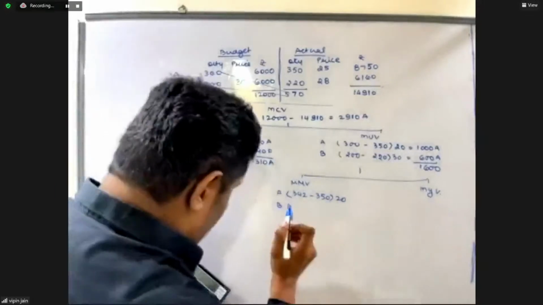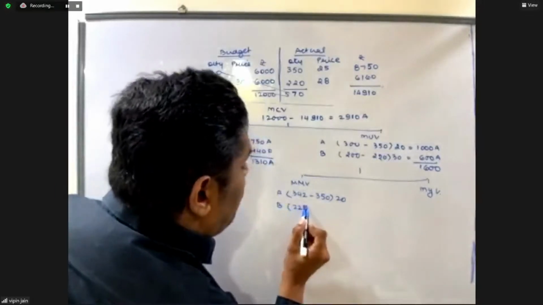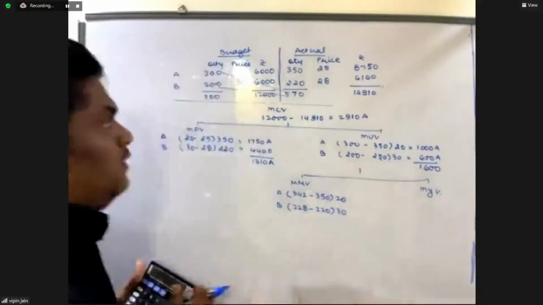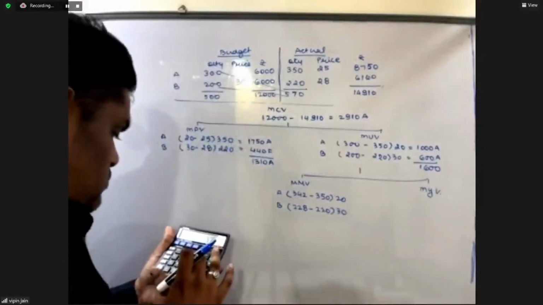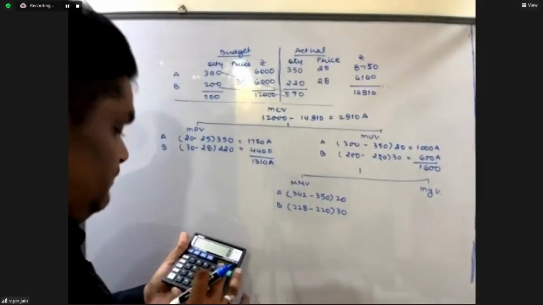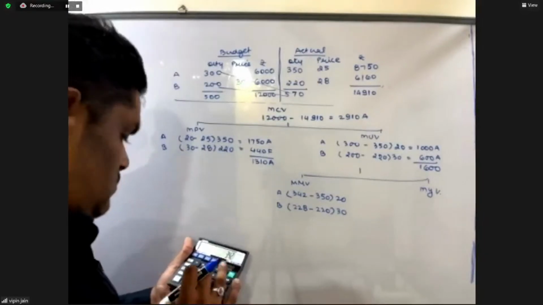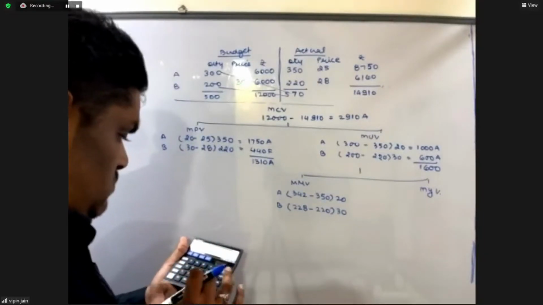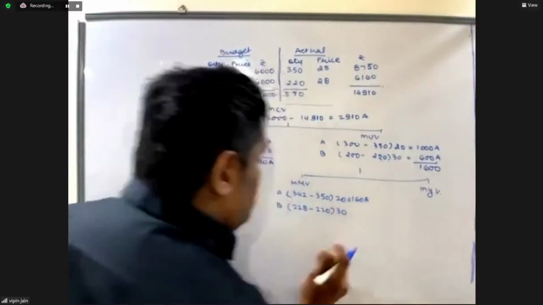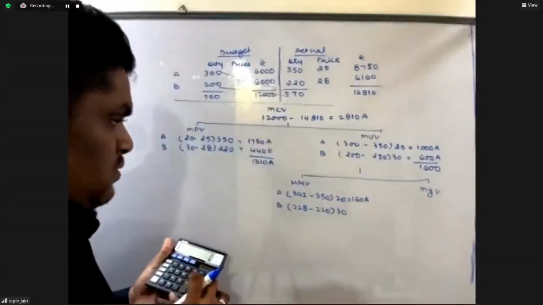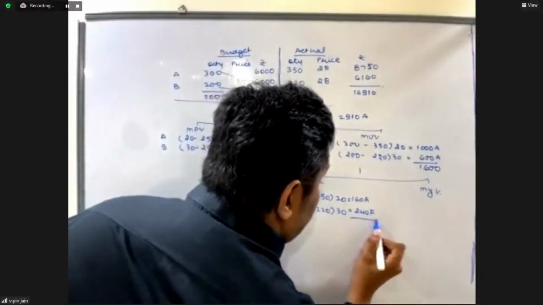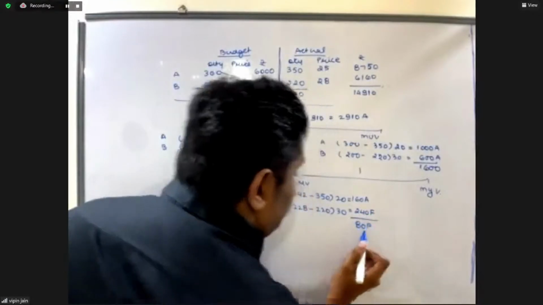This will be 228 minus 220 into 30. This will be 160 adverse. 240 favorable. This will be 80 favorable.